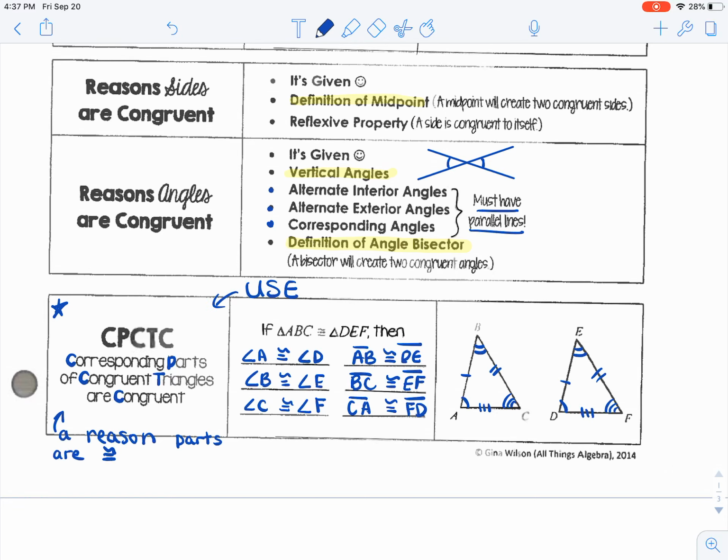We use it after we've proven two triangles to be congruent. So we can't say angle B is congruent to angle E. We can't say any of our parts are congruent until we know that the triangles as a whole are congruent. So use CPCTC after proving triangles congruent.